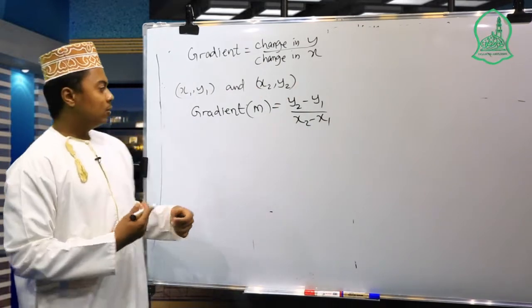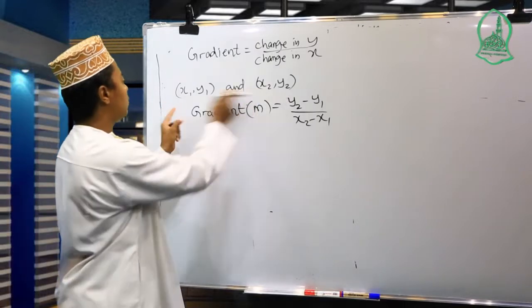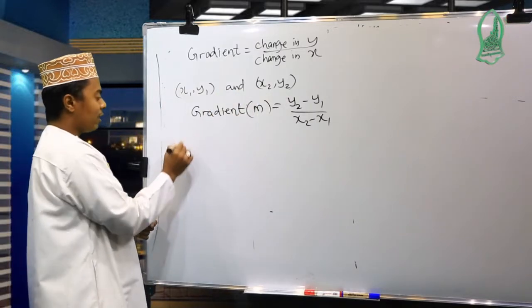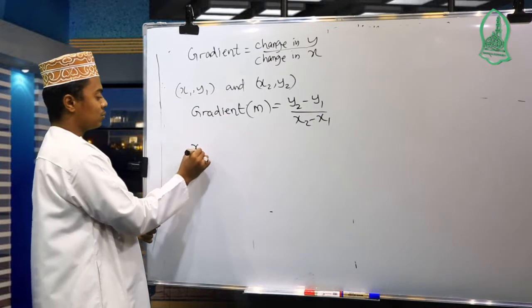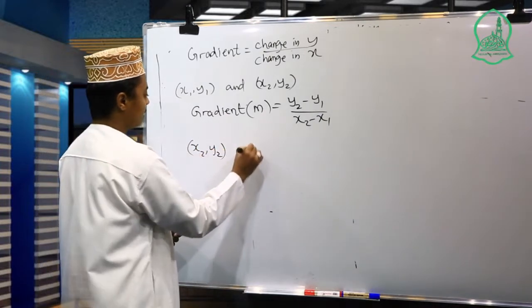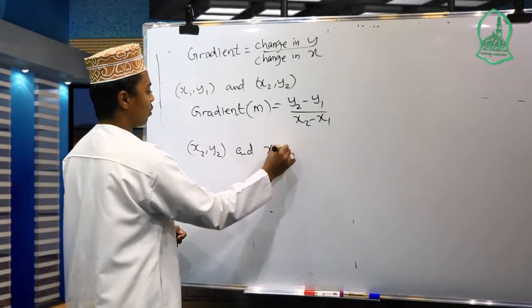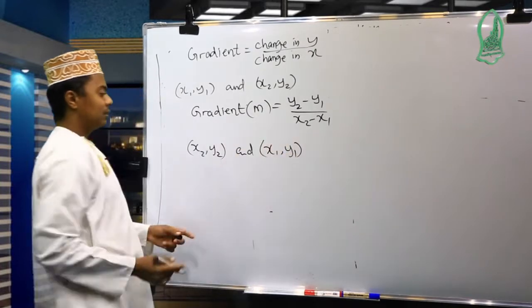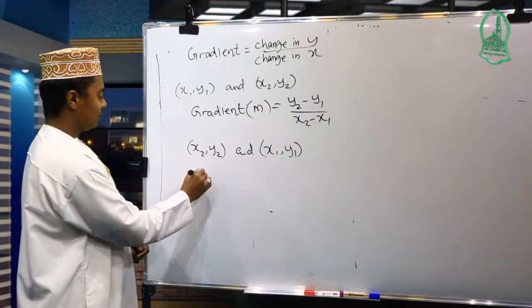That's the gradient. Whatever the case, maybe we have these 2 points, x2, y2 and x1, y1. Find the gradient.